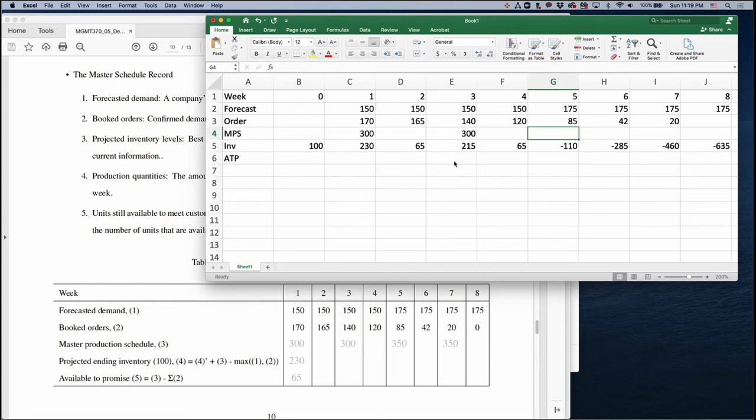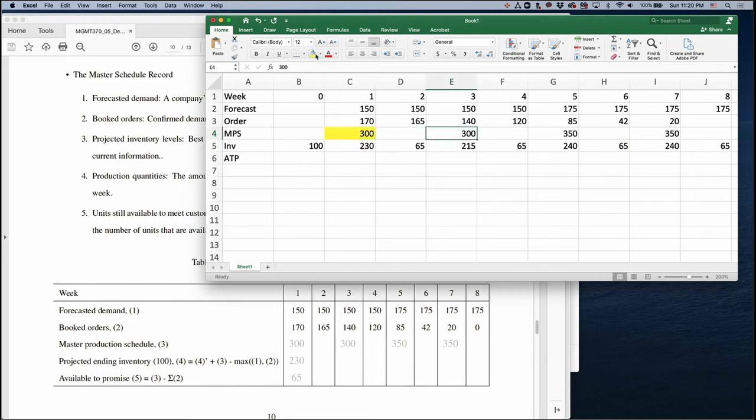From period 5, your inventory is 175. That means for this case you have to cover 2 weeks, 350. Then in period 7, you can produce 350, and you can cover all of period 6, right? Out of this, we build this kind of MPS quantity.